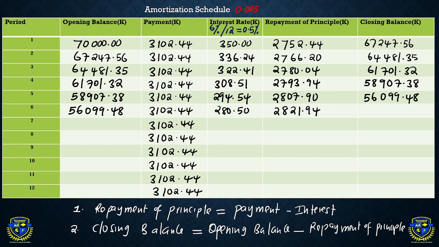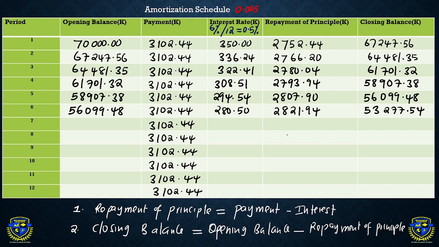This is going to give us 53,277.54. Okay, we continue.